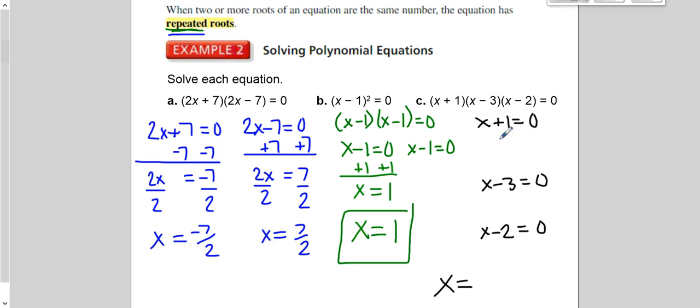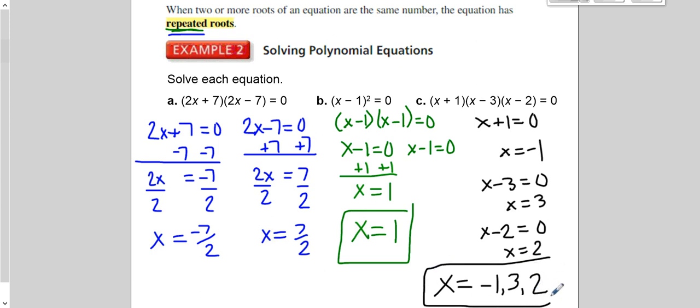We're going to subtract 1 from both sides, so x will equal -1. This one, add 3 to both sides, so x equals 3. And what about this last one? If we add 2 to both sides, we get x equals 2. So let's write our three answers: -1, 3, and 2. Those are our three answers that make the original equation true.